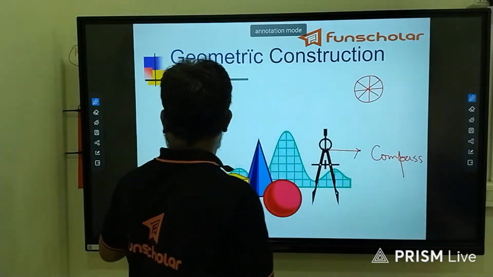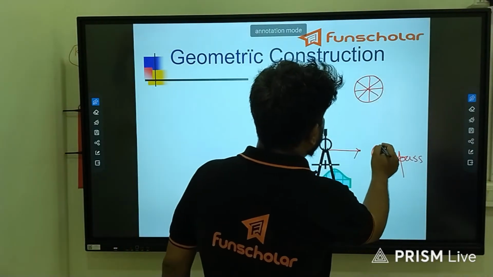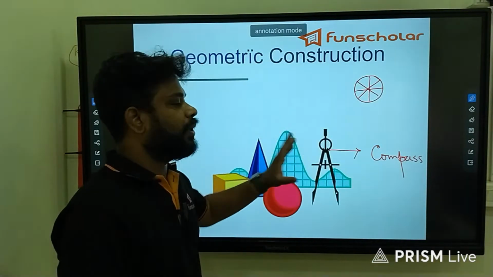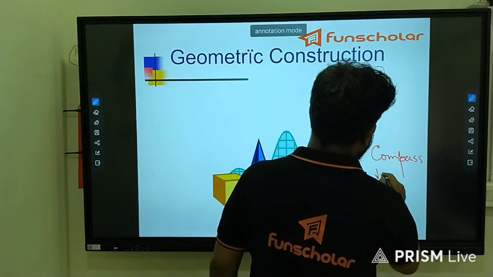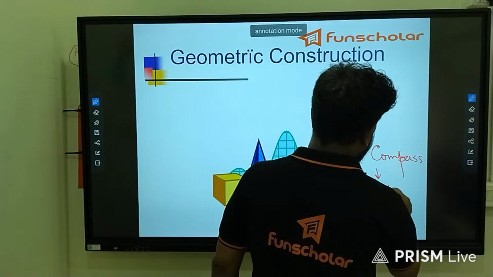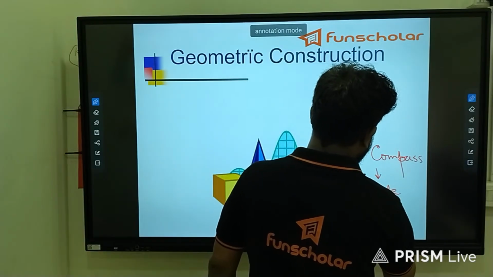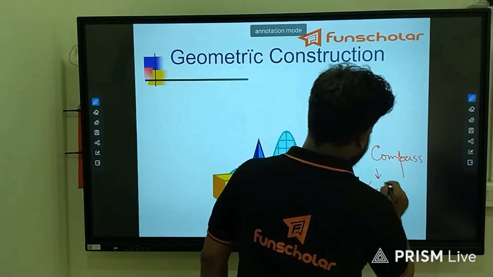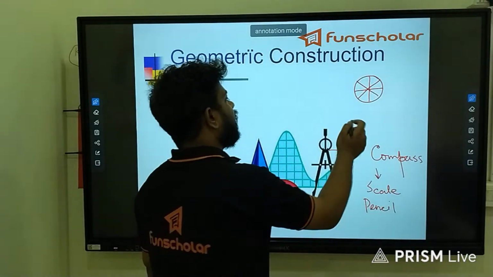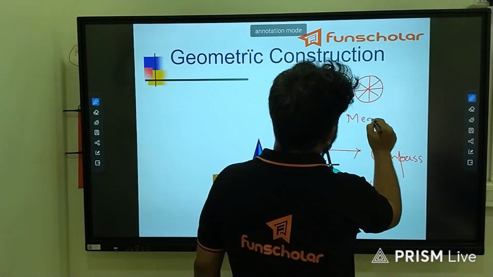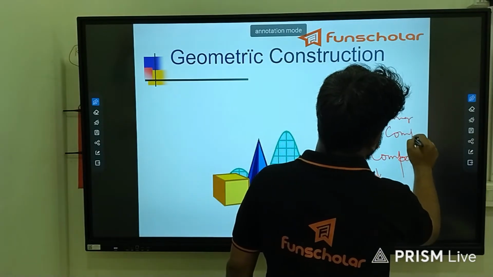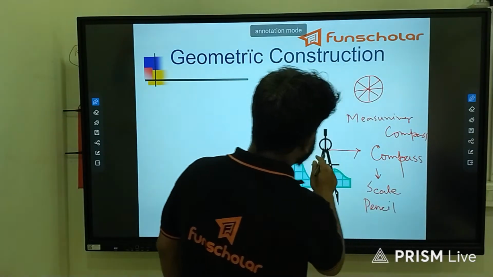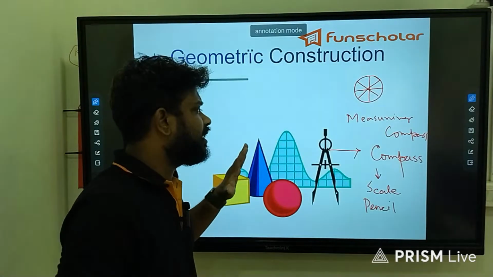Okay, so in the geometry box we generally have a compass which looks like this, and besides that we also have a scale, pencil and a measuring compass as well. Like this image also looks like a measuring compass.